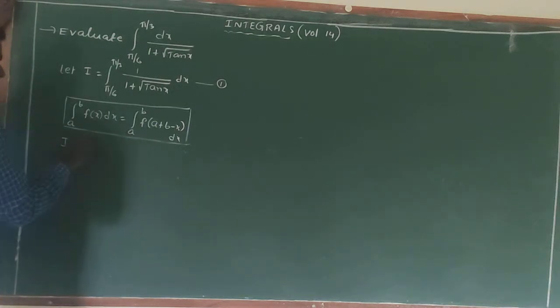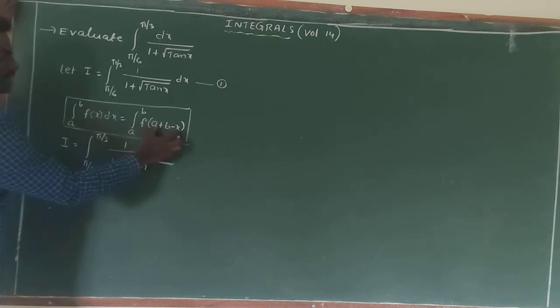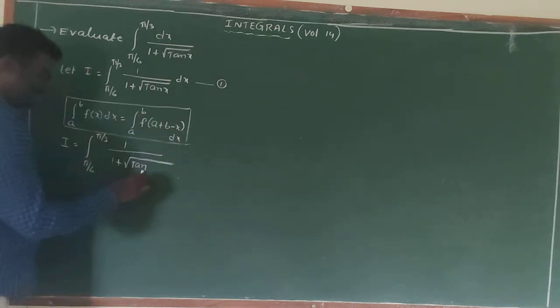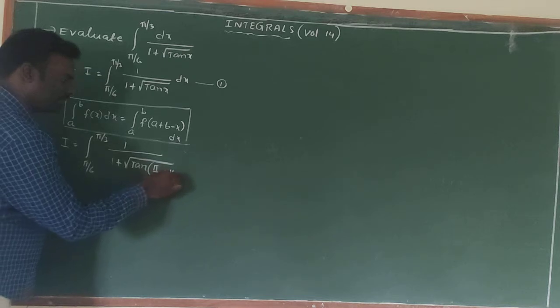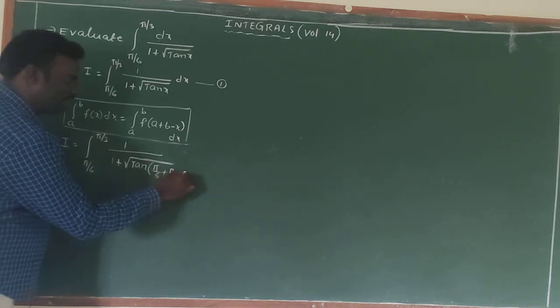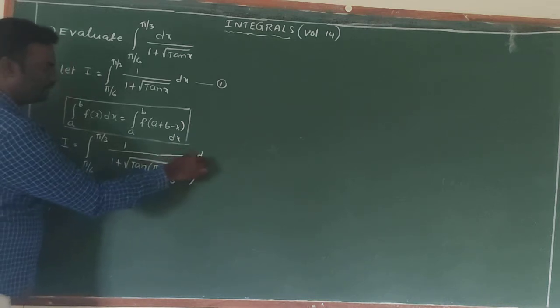I equals integral pi by 6 to pi by 3, 1 by 1 plus under root of tan. In place of x, we need to substitute a plus b minus x, that is pi by 6 plus pi by 3 minus x, dx.